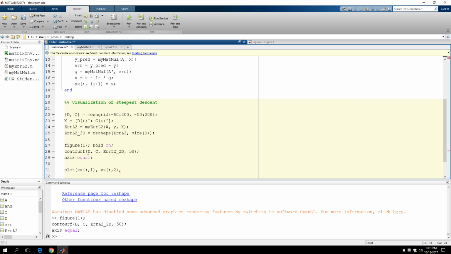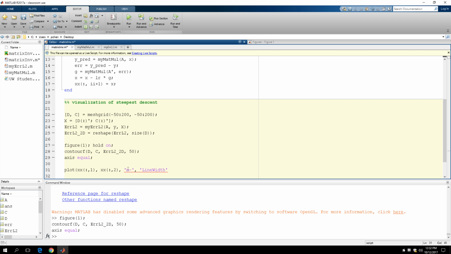I don't want to erase the contour. If you don't write hold on here, it's going to erase the contour plot and just plot the curve. So here, the horizontal axis is the number of dogs throughout my trajectory, throughout all the iterations, and the vertical axis is the number of chickens throughout the iterations, right? And then I'm going to specify the color as magenta lines, and then a line width.